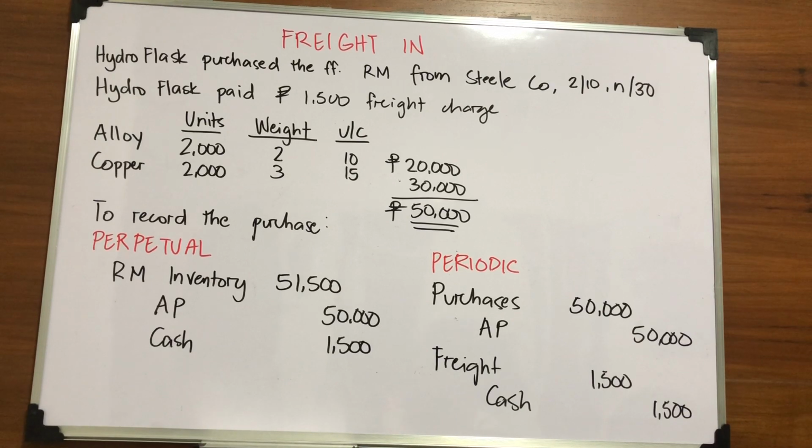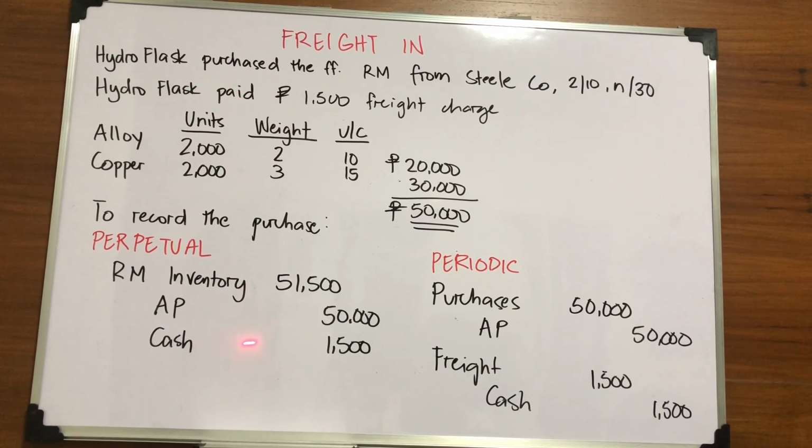Okay, so you credit cash 1,500 for the freight. Again, why did I record cash and not accounts payable for the freight of 1,500? It is because of the word here, paid. So this is a hint for cash payments, or payments made in cash.